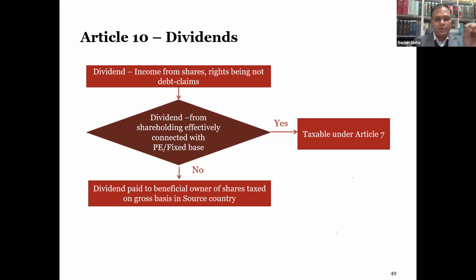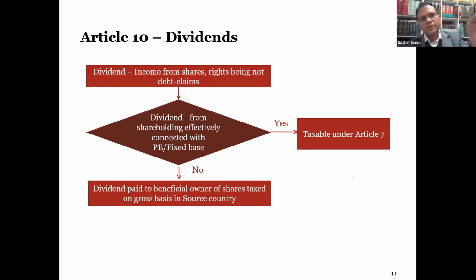In the OECD model convention, the income is taxed in the country where the recipient is resident and not in the other contracting state. The DTAA says dividend paid by a company which is resident of a contracting state to a resident of the other contracting state may be taxed in that other state, meaning where the person receiving is resident.